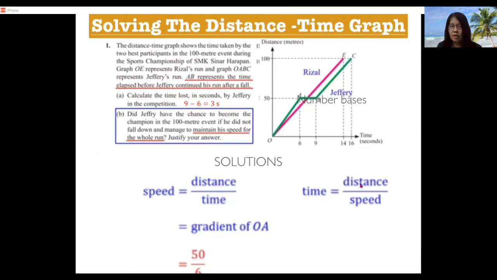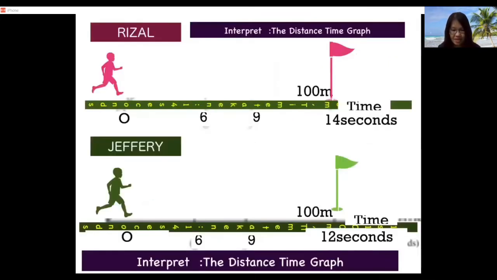The distance is still the same, 100, so you take 100 divided by 50 over 6. Now press your calculator. How many seconds? Is it more than 16 or less than 16? If more than 16, Jeffrey cannot become champion. If less than 16, he qualifies to become champion. Understand? So what's the answer? Yes, 12 seconds.